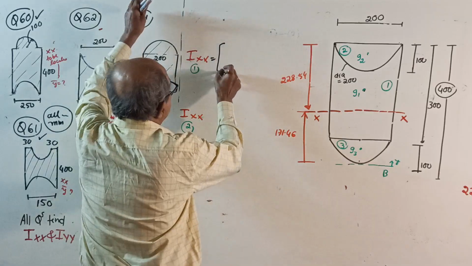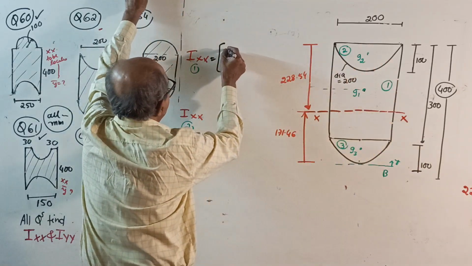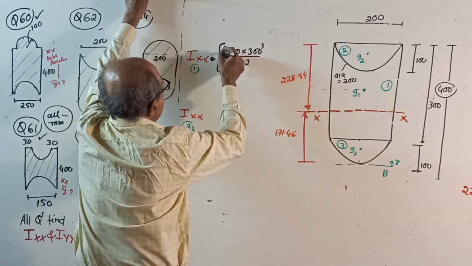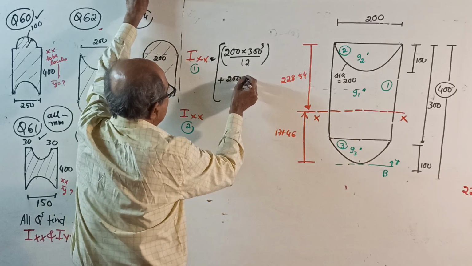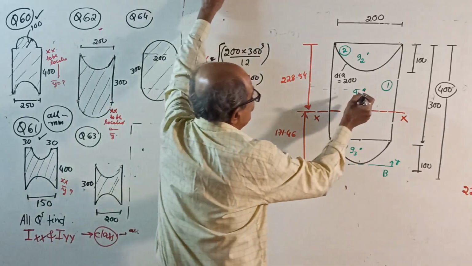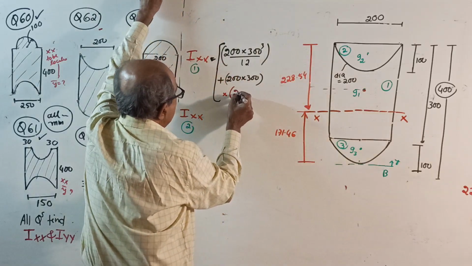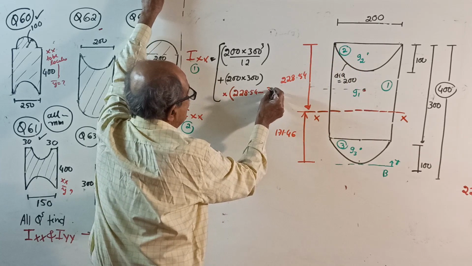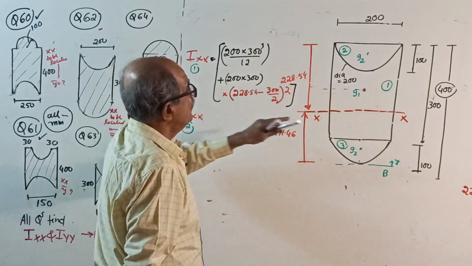For 1, it equals I about its own centroidal axis, 200 into 300 cube divided by 12, which is Ig, plus area, 200 into 300 is the area, into, from centroid to here, this distance square is 228.54 minus half of 300, 300 by 2 whole square. That will be I about xx for the rectangle.